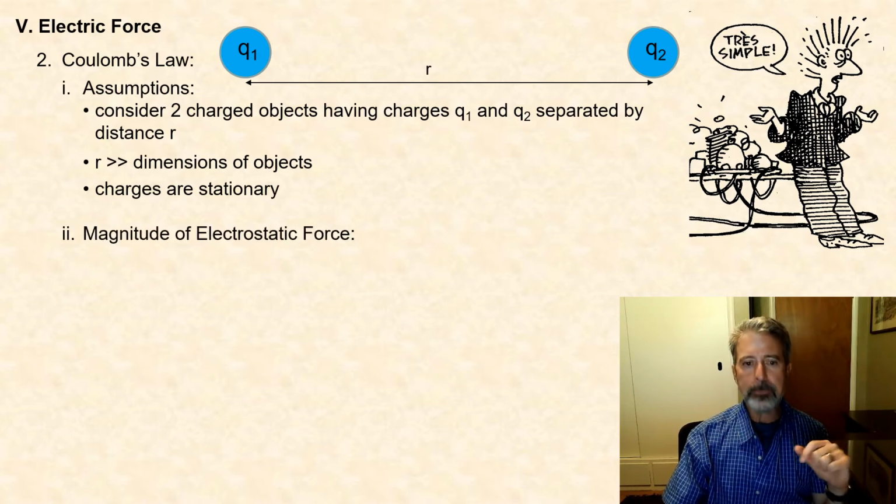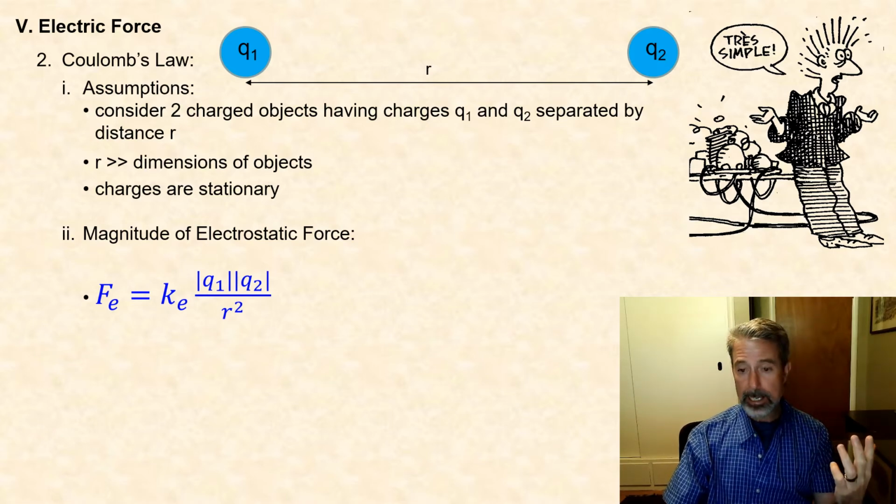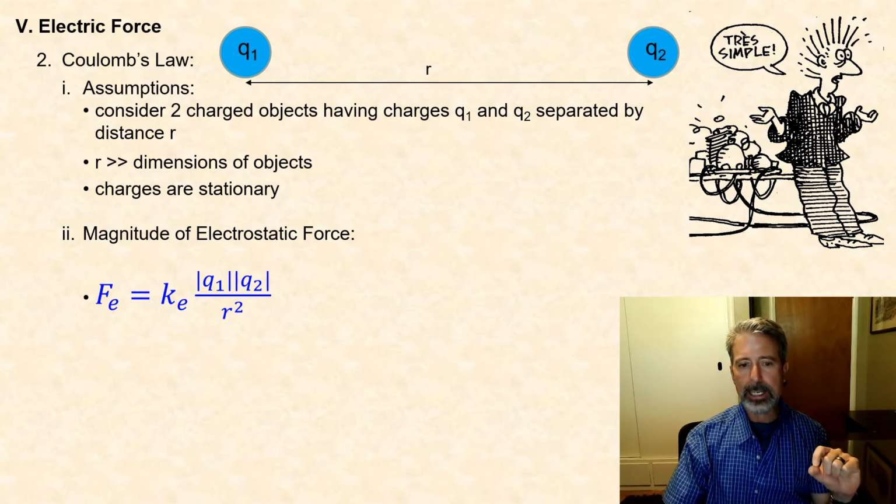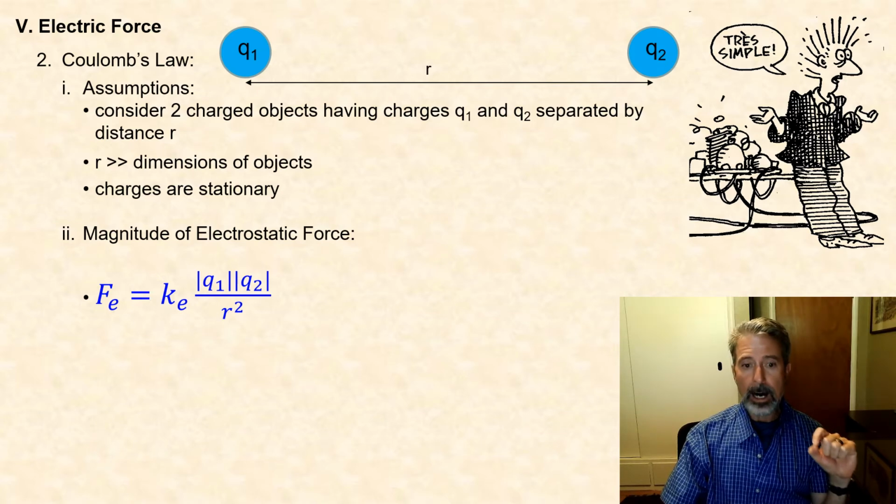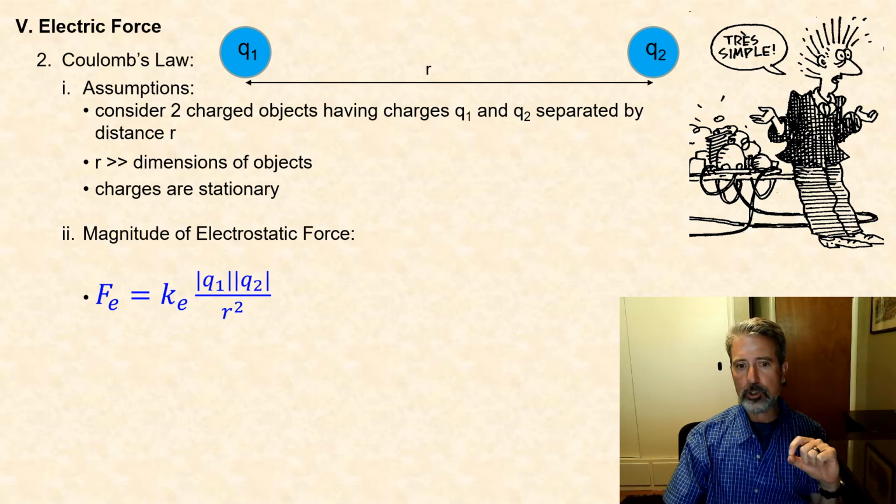So given that, according to Coulomb, the magnitude of the electrostatic force between these charged objects is given by this expression. K sub E, that is Coulomb's constant. We'll talk more about that in a second. So the force is equal to Coulomb's constant times the product of the net charge on each object, magnitude only, divided by the separation distance squared.